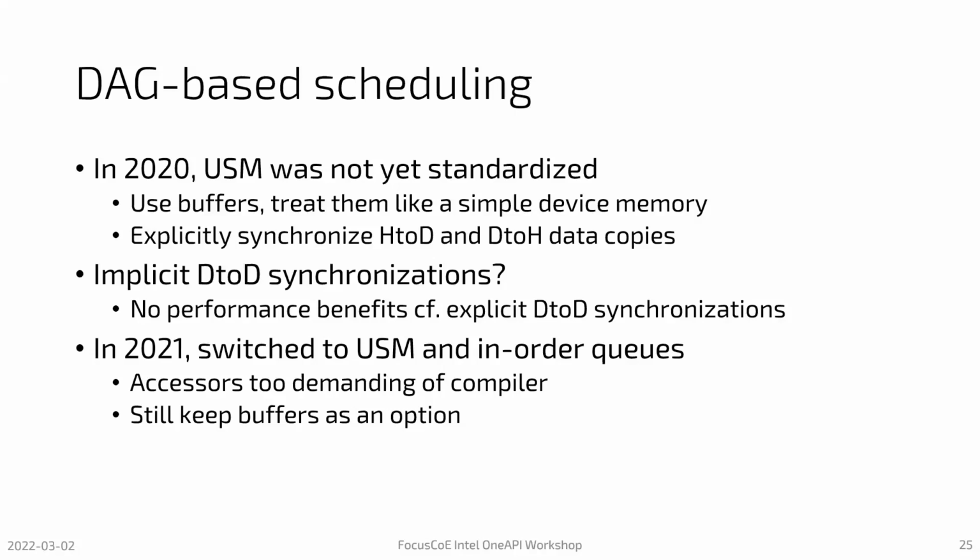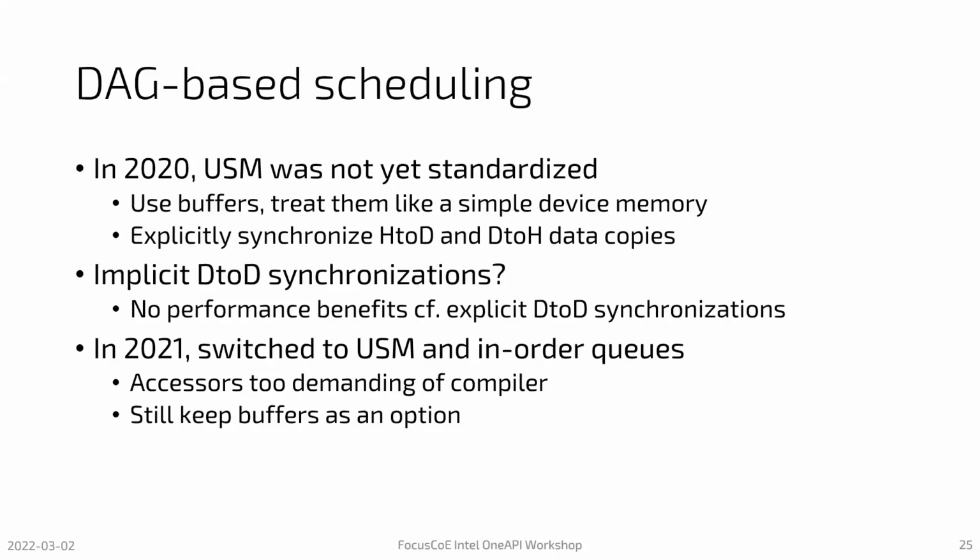Another reason was that for some compilers, first we experienced it with AMD, but also for some versions of Intel devices, using accessors in already complicated kernels was too demanding for the compiler and it wasn't able to optimize them nicely.